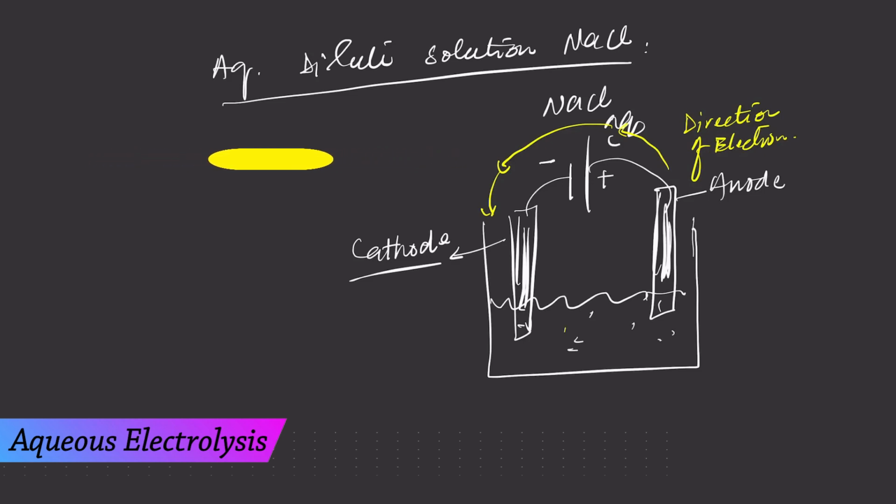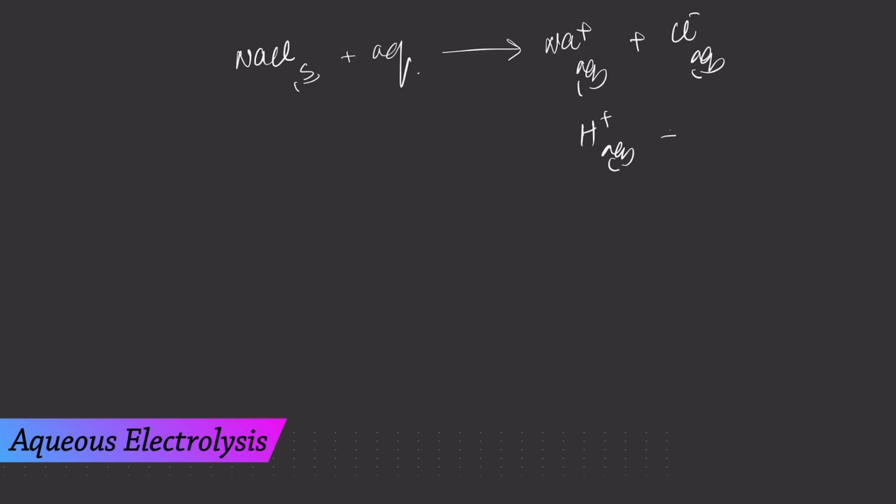Okay, let's suppose once again we have dilute NaCl electrolyte in the beaker and we are going to perform electrolysis. When solid sodium chloride is dissolved in the aqueous medium, there is formation of Na+ (aq) plus Cl- (aq), plus H+ (aq) and OH- (aq) ions.